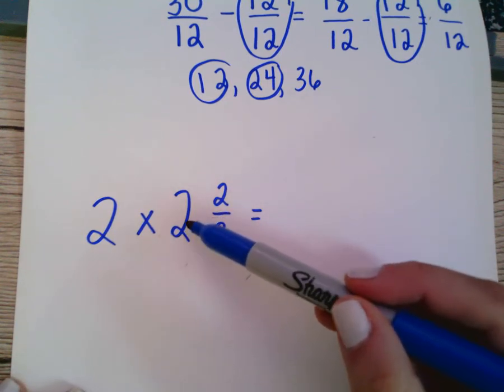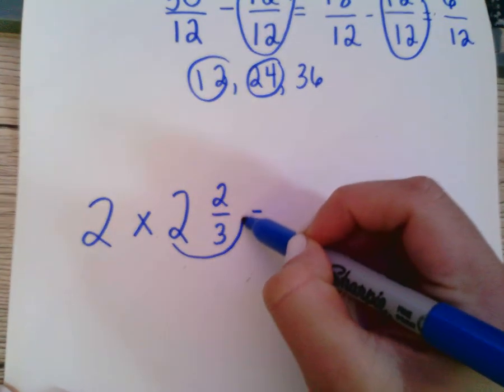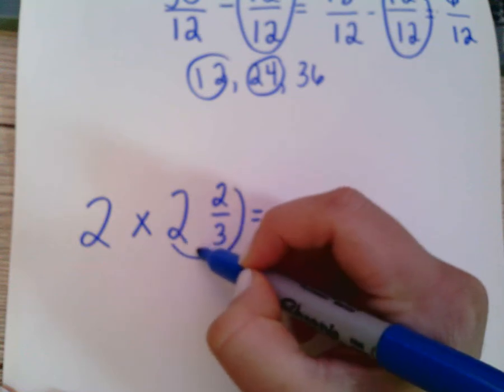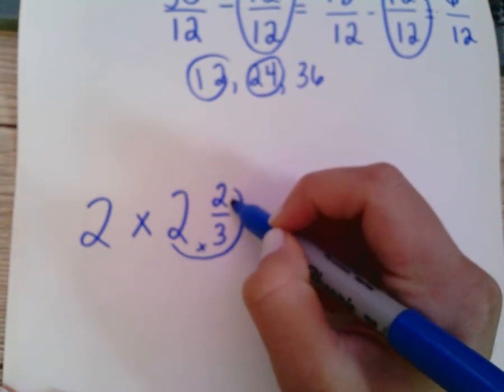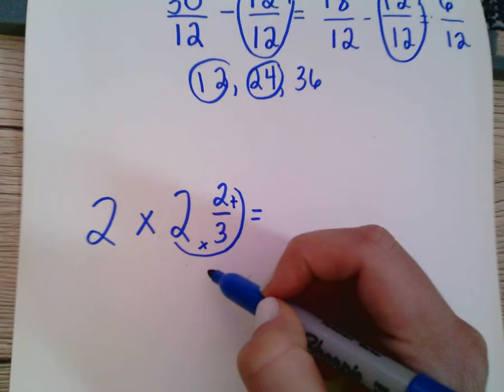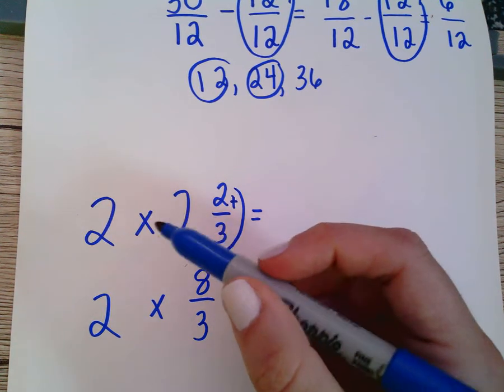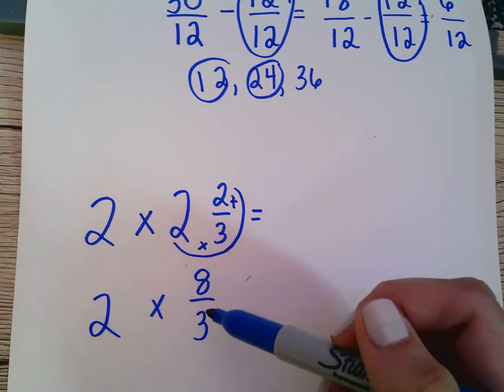I have to flip it. To rename this, it's the C method. So 2 times 3 is 6, plus 2 is 8. So we rename this mixed number to look like a fraction. So now we have 2 times 8/3.